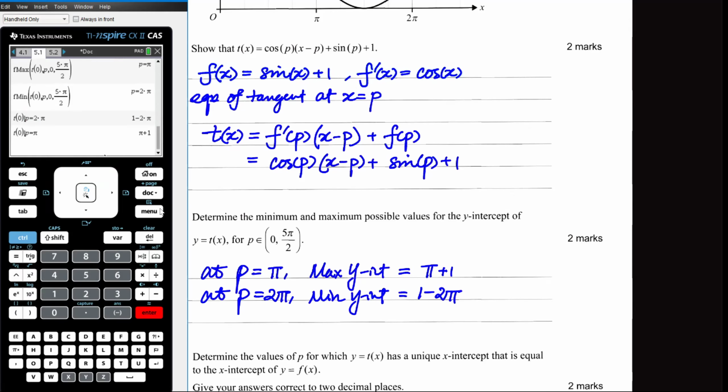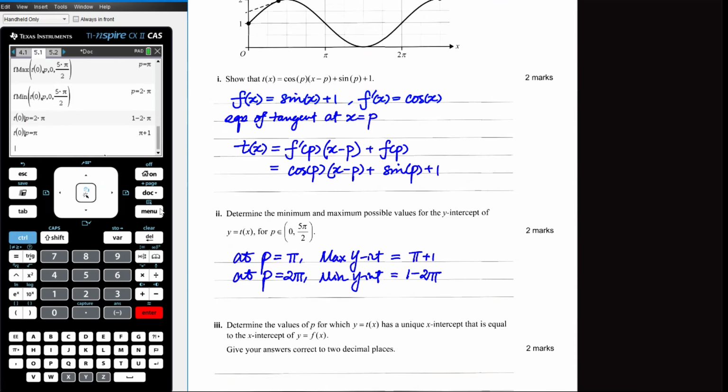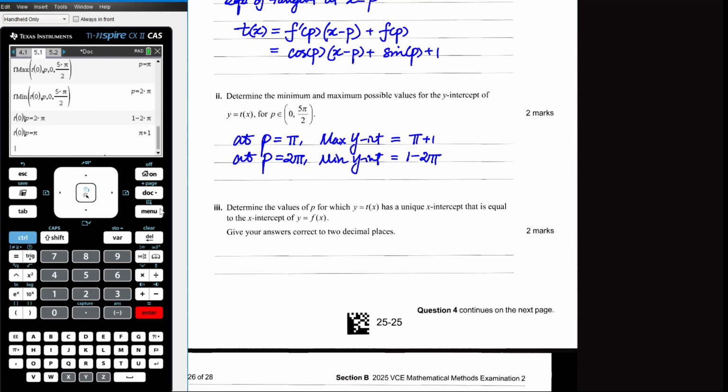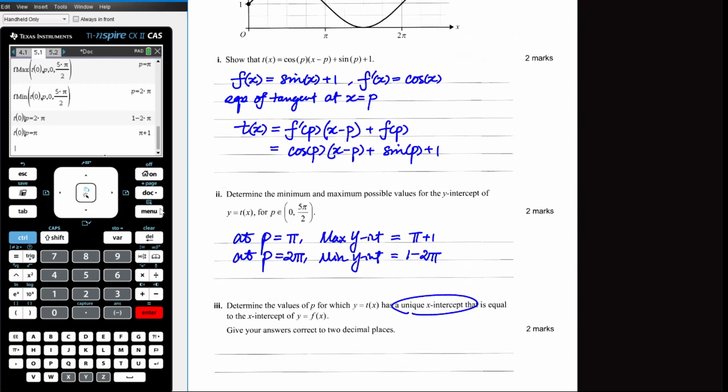Yep, that's pretty much what you need. Okay, so determine the values of p for which the tangent has a unique x-intercept that is equal to the x-intercept of y equals f of x. Give your answer correct to decimal places.